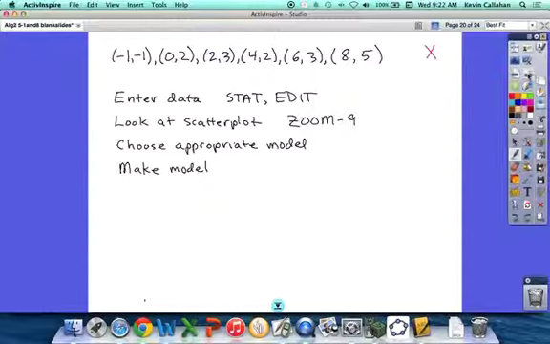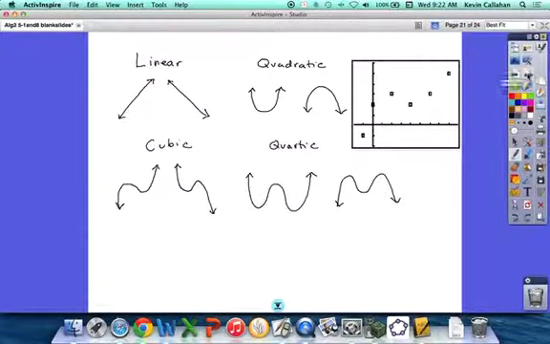When you did this, it should have looked like that, right? That's what it should have looked like if you put it in all correctly. And then again, you're comparing it to these shapes right here. Which one of these shapes does it look most like? It's going here, it turns once, it turns twice, and goes up. That looks like cubic.